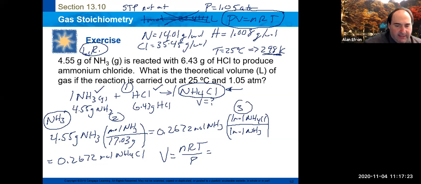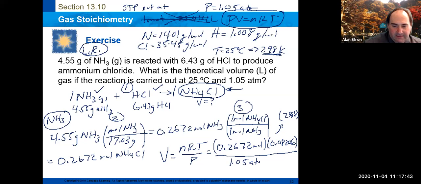So 0.2672 moles times 0.08206 times 298 Kelvin, all divided by our pressure of 1.05 atmospheres, gets us something like a volume of 6.22 liters produced from NH3.